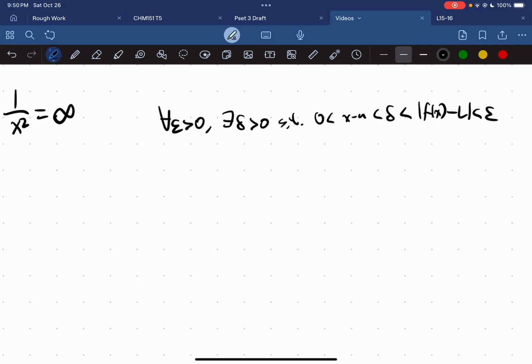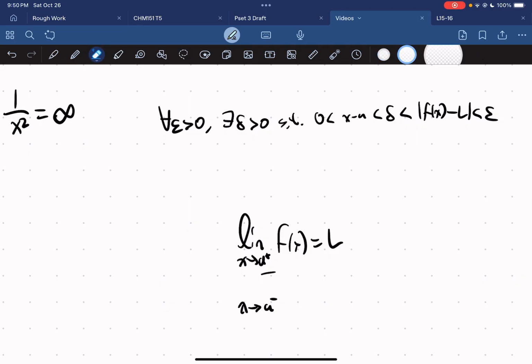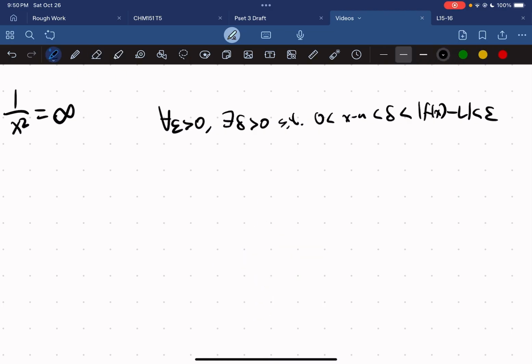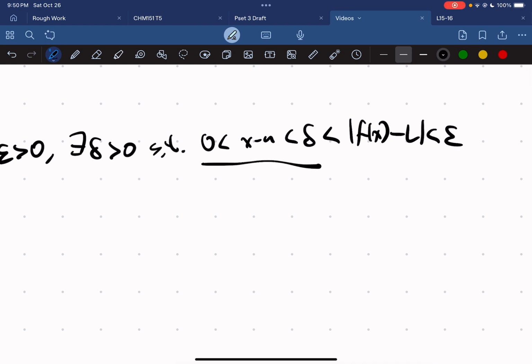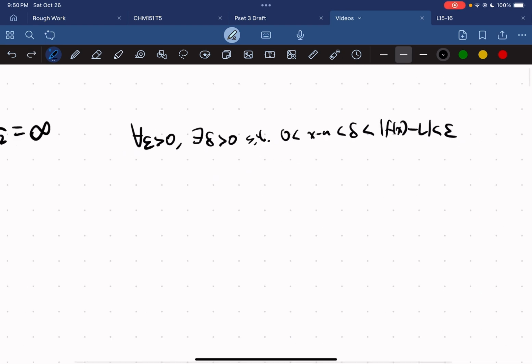I will cover this form of a limit with plus, and of course x goes to a from the negative side, more in a later video. For now, just take my word for it. It should make intuitive sense, but I will explain more in depth in a different video.